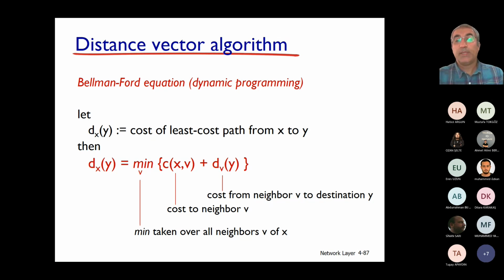So we need to calculate all of these and select the minimum, taken over all neighbors v of x. So we calculate all the path costs through the neighbors, and let's say x has v number of neighbors. We calculate through all these neighbors and select the minimum one.